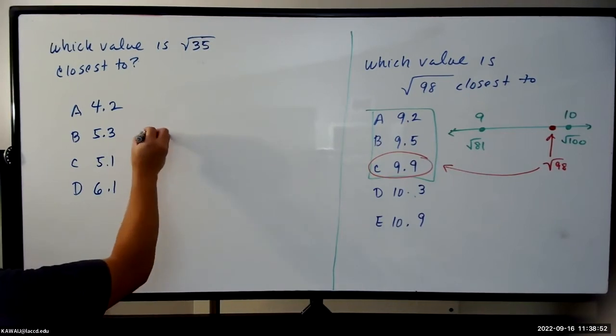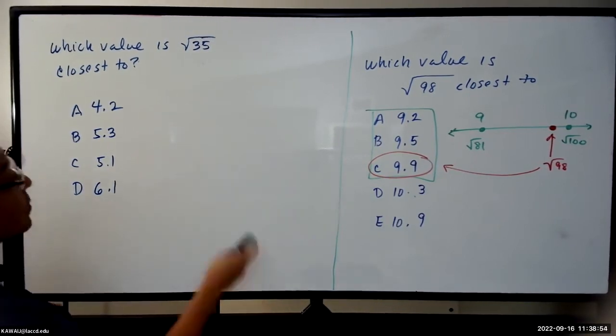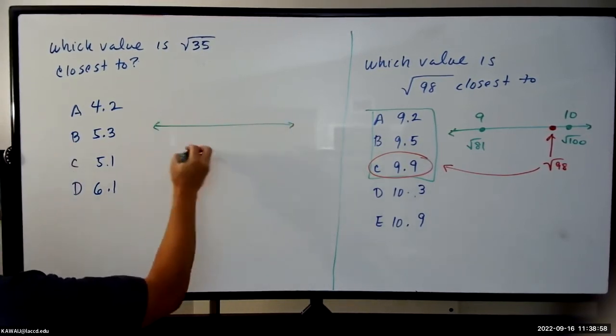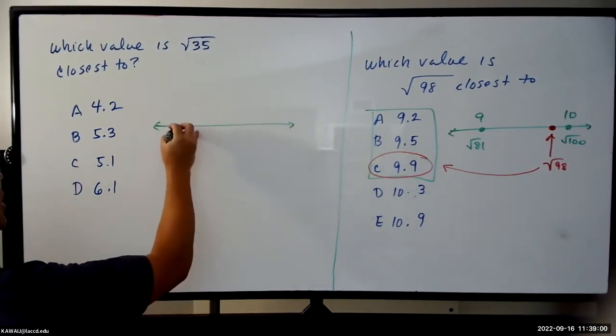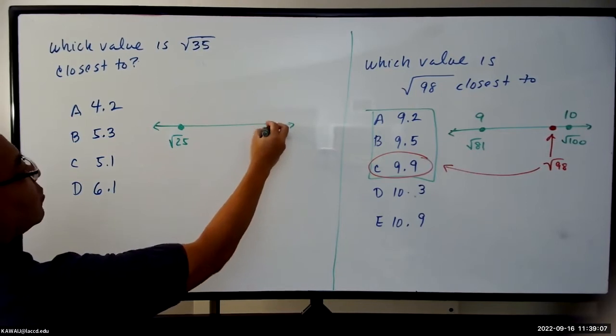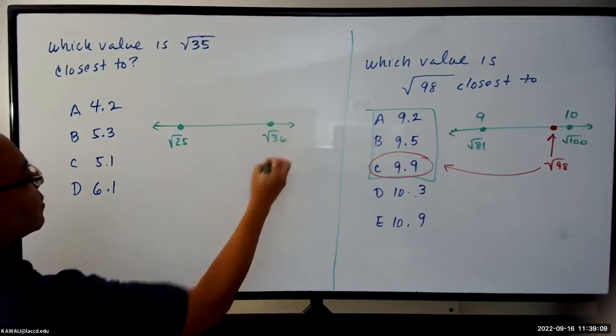Okay. So let's do the number line. Over here we have square root of 25. Over here we have square root of 36.